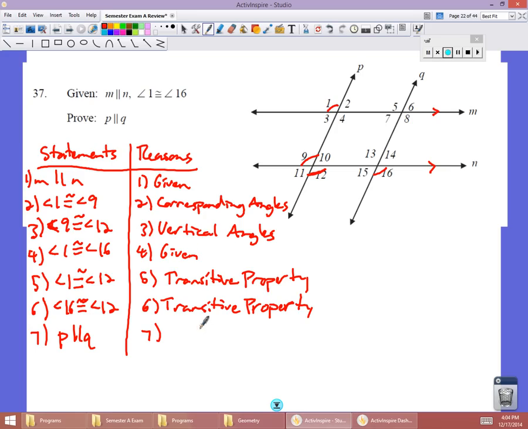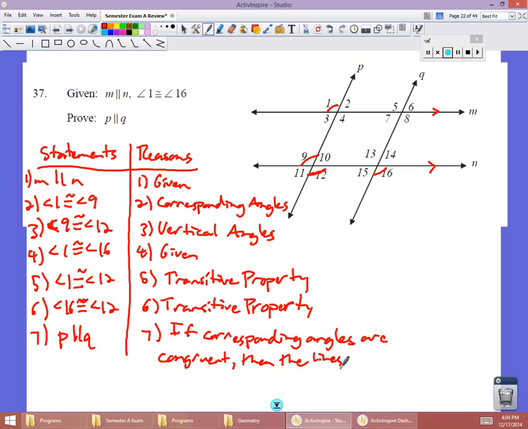We're going to write if corresponding angles are congruent, then the lines are parallel.